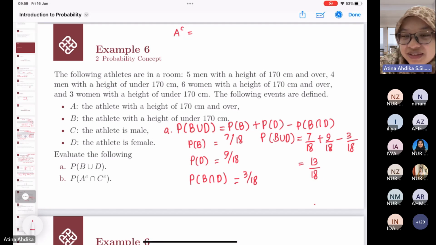For man to woman? Any other answer, maybe? A is the athlete with a height of 170 centimeters and over. What is the complement of this one?